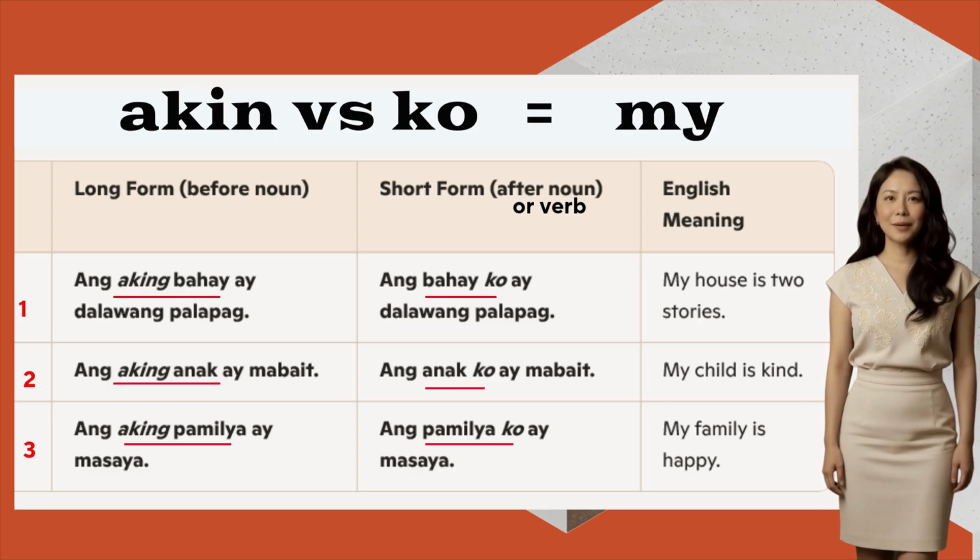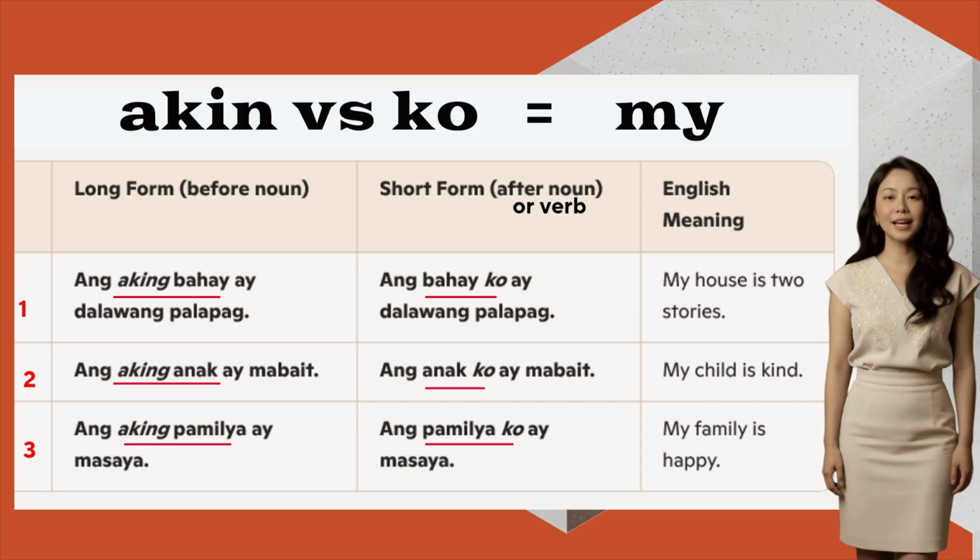Here's our first example. Ang aking bahay ay 2 palapag. Ang bahay ko ay 2 palapag. My house is 2 stories. Notice how aking comes before the noun while ko comes after the noun bahay.